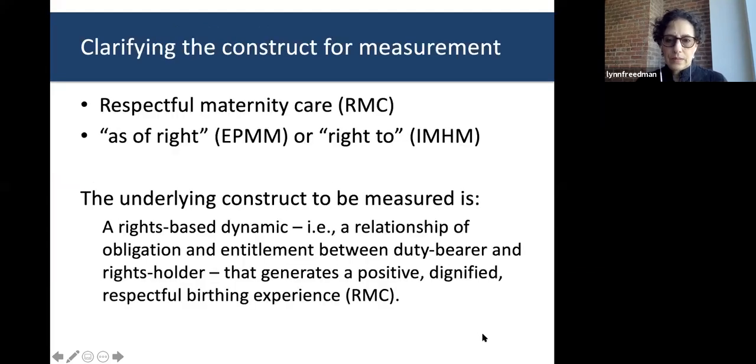So in trying to clarify this construct, I think there are two key elements. One, of course, is respectful maternity care, but the second one is as of right, or the right to RMC.